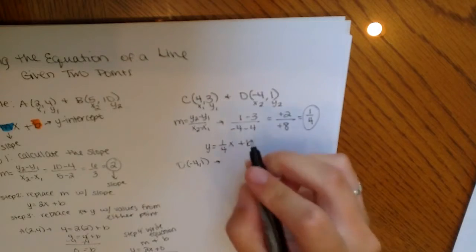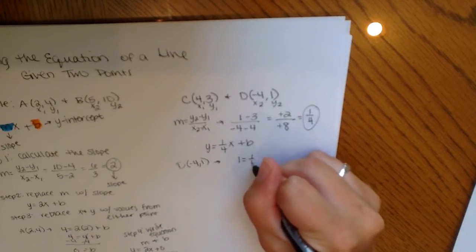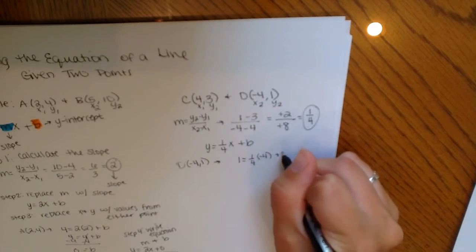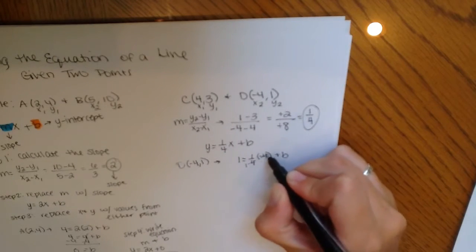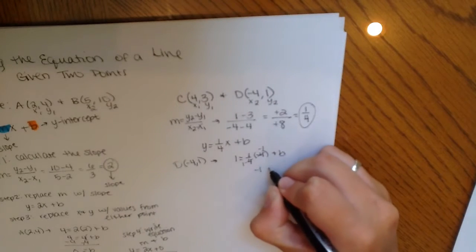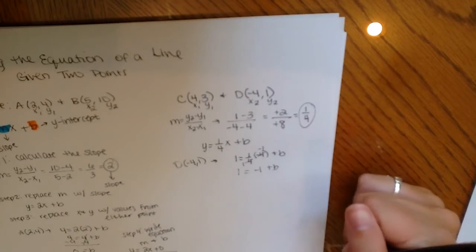So we have y, in this case is 1, is equal to 1/4 times negative 4 plus b. Now I can cross cancel here. 1 times negative 1 is negative 1 plus b is equal to 1, and I'll use my inverse operations to solve for b.